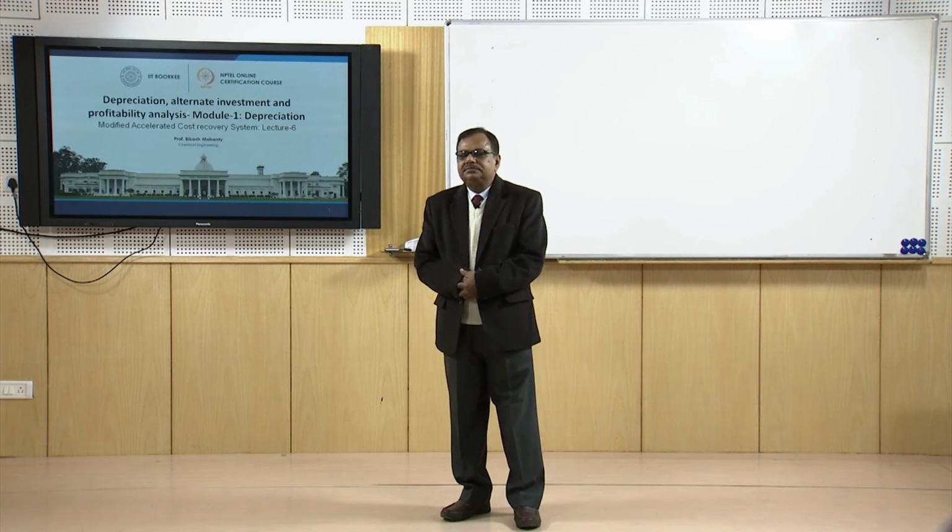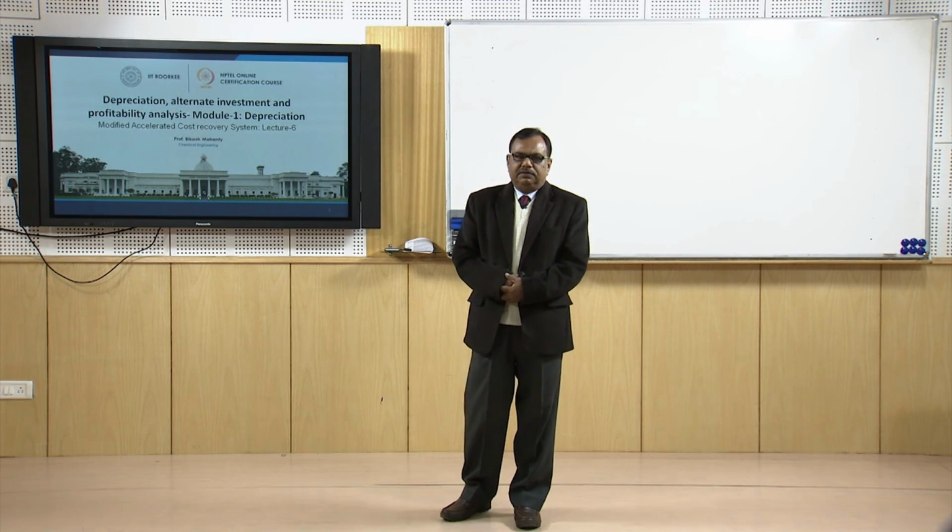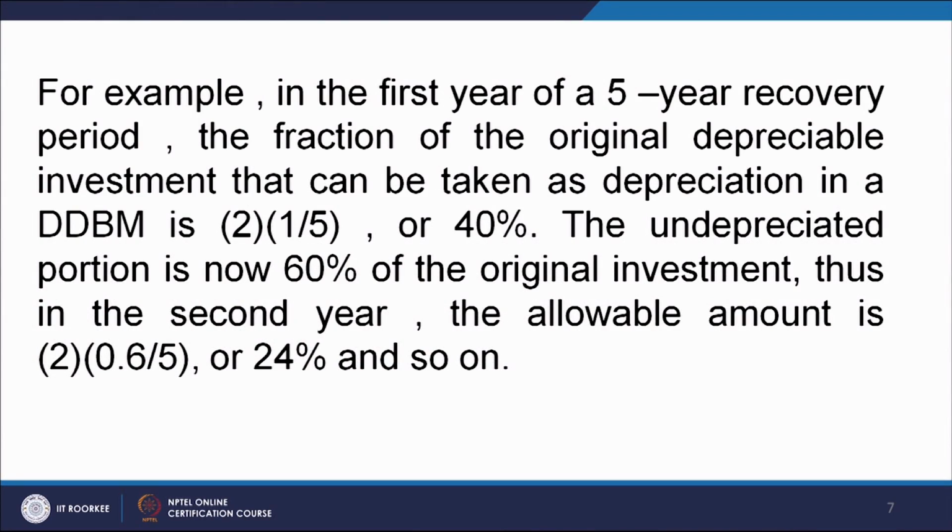For example, in the first year of a 5-year recovery period, the fraction of the original depreciable investment that can be taken as depreciation in a DDBM is 2 into 1 by 5, because the salvage value is 0. In a straight line method, the depreciation will be 1 by useful life of the system.